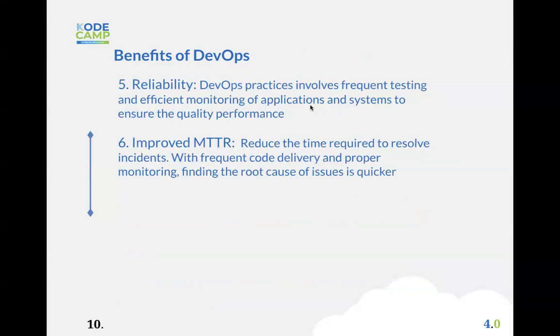Reliability. With the use of monitoring tools, operating tools, continuous feedback, you can in real time see how your application is performing and how it is delivering to users. If there are problems coming up, you can see them and fix them before they begin to affect a lot of your users.